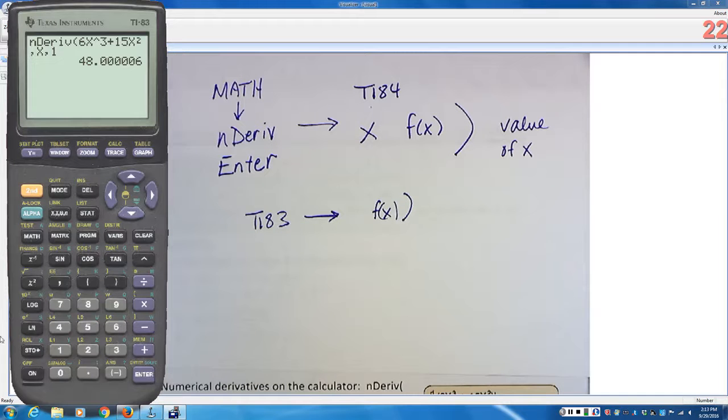And I forgot to close my parentheses, but it did close them for me. Let me go back and make it look the way I should have made it look.